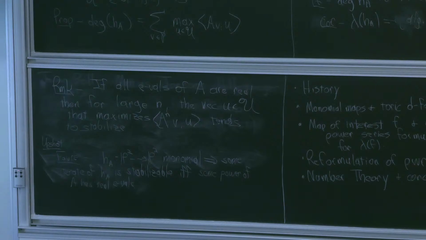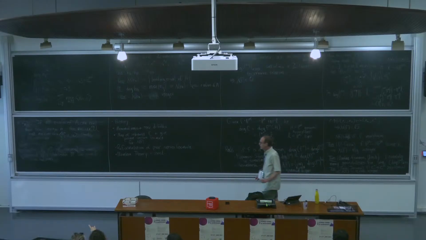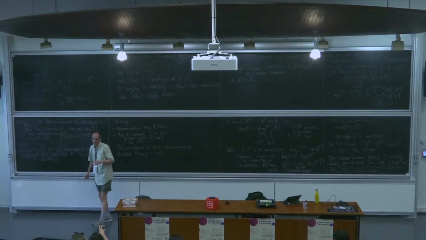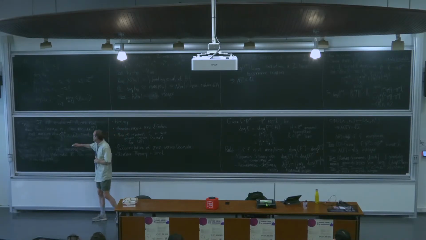So, to first order, it tends, for large n and a given v, you always have the same u.